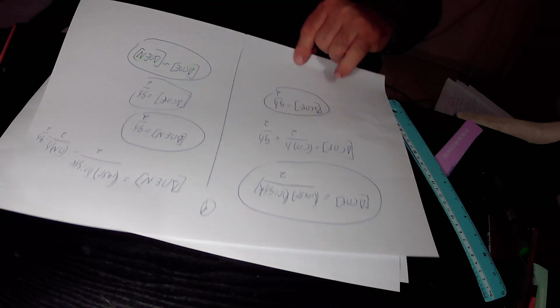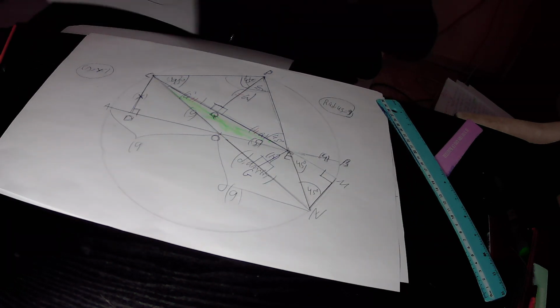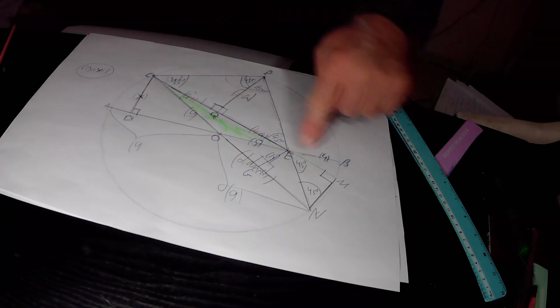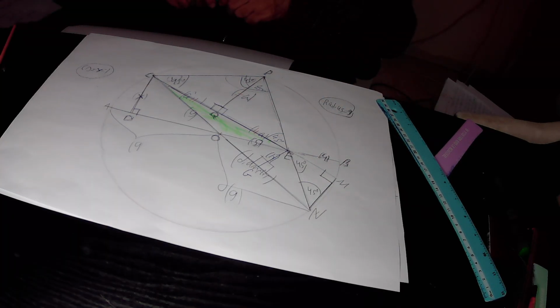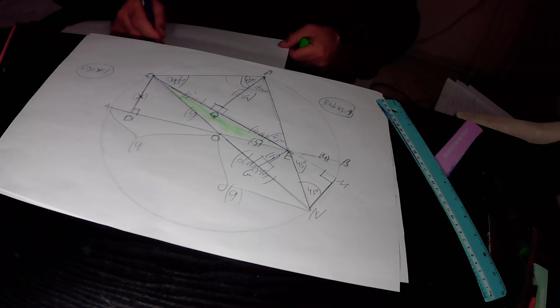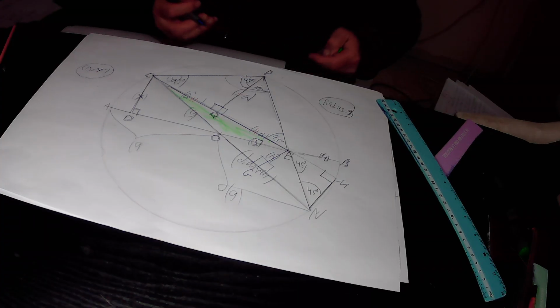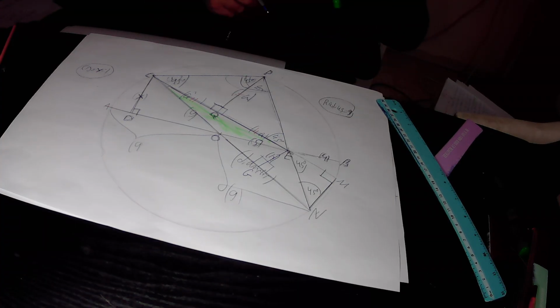In the next step, we calculate the area of this big triangle CEN. What is the area of the big triangle CEN? The area of triangle CEN equals the sum of the areas of the two components that it consists of.